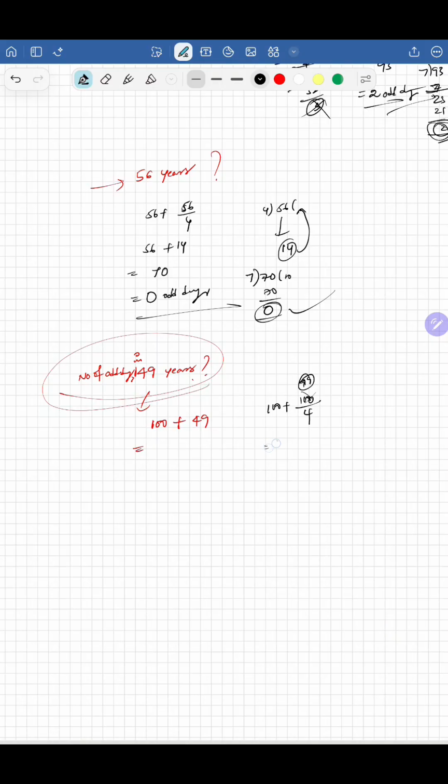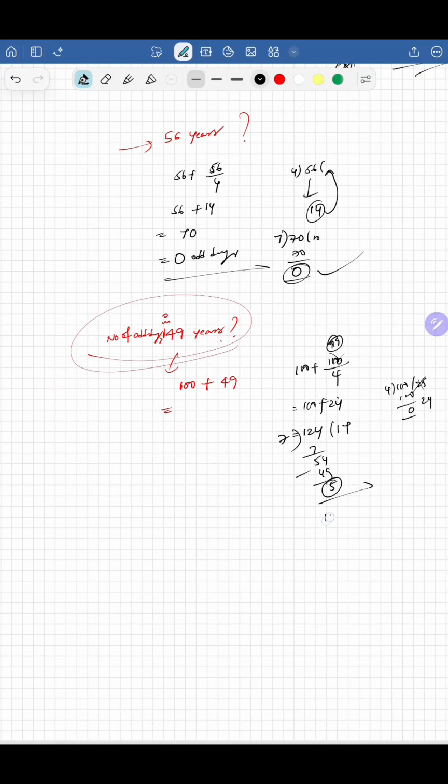So 100 plus 99 by 4, what could be the remainder? Actually in 400 years it is 25 times, but it will not be 25 because the 100th we don't consider, it is 24 only. So 100 plus 24 means 124. If you divide by 7, so 5 odd days are there.